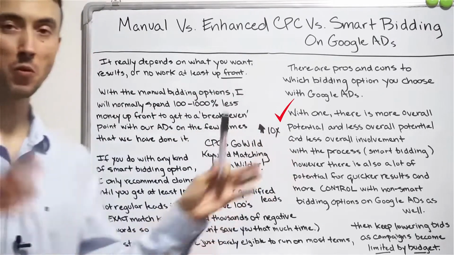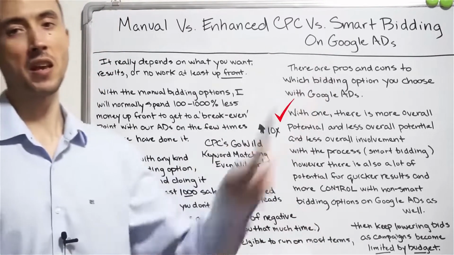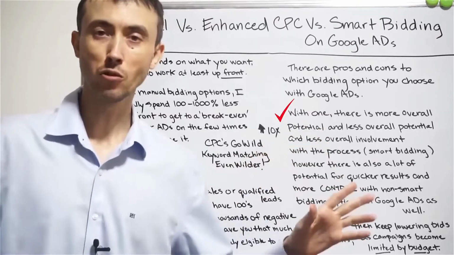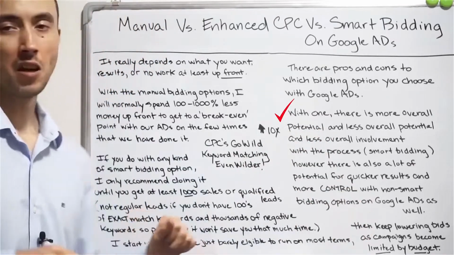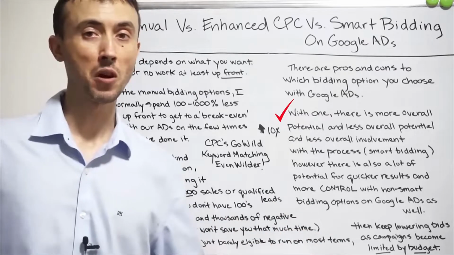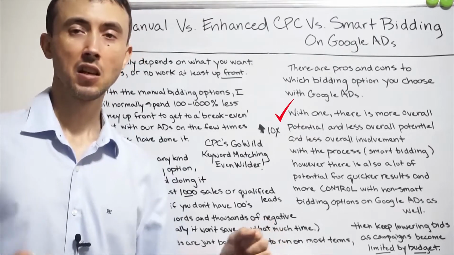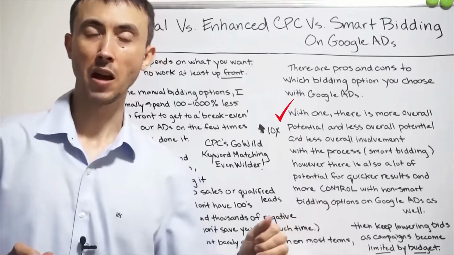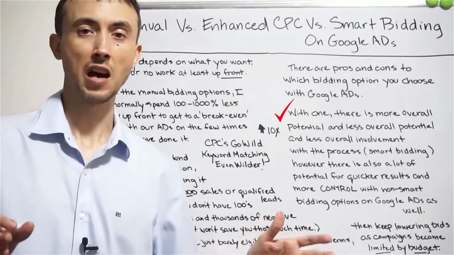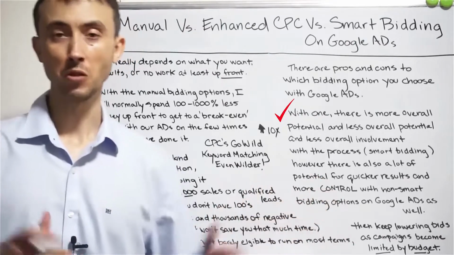Because that's the biggest thing, if you want to cut out all the crap: if you use smart bidding, it cuts out the work, or the seeming potential of work, out of the process. Also, of course, Google advertises that they're going to do it better than you. And if you do zero work on your campaigns, basically, yes, respectively, that is correct. But if you're not sitting on piles of money and you're not Scrooge McDuck, you may run out of money before you ever get it working with smart bidding.